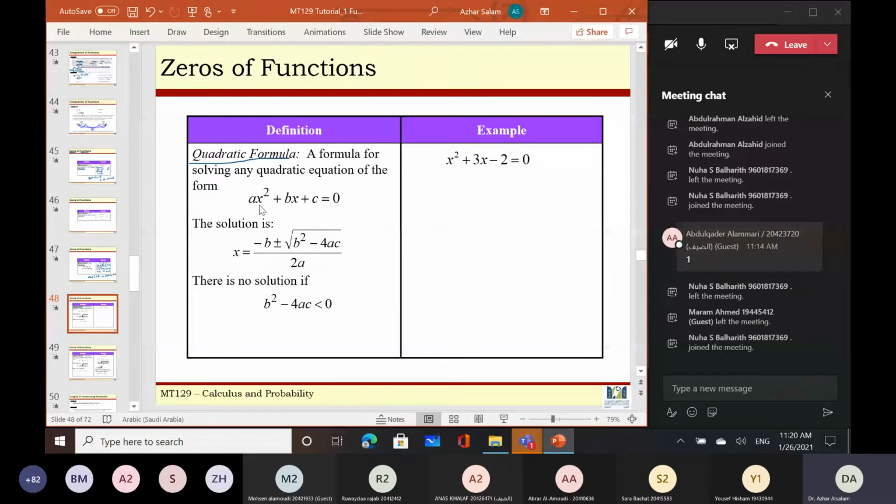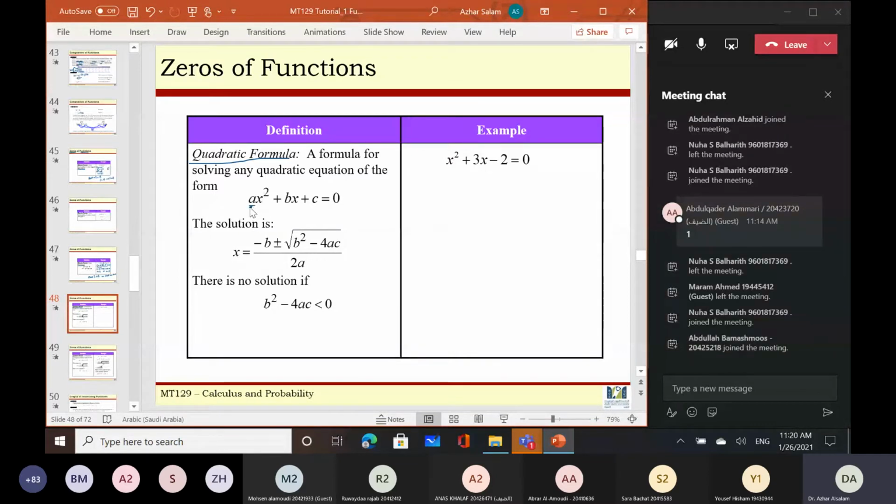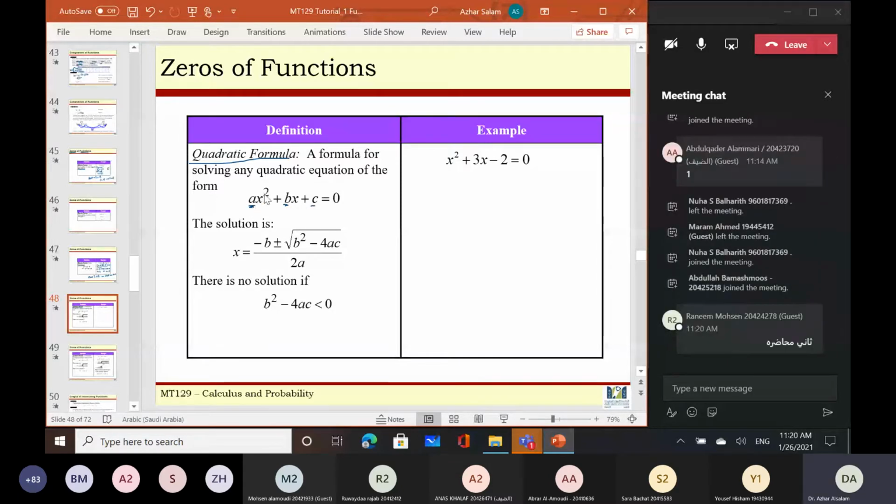Of course, here if I have ax squared, where a is not 0, plus bx plus c: a is the coefficient of x squared, b is the coefficient of x, and c is the constant. I have to memorize this. Okay, لازم تحفظ هذه الصيغة.